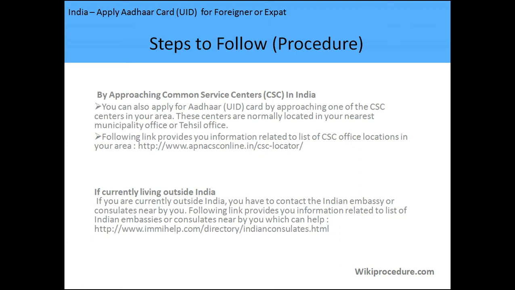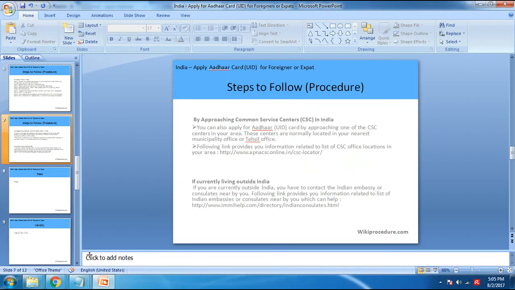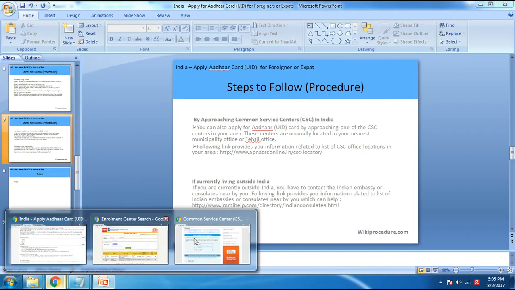So what I'm going to do now is take you to this link and show you how to find the nearest office location. If you access this link here, you would be taken to this page.